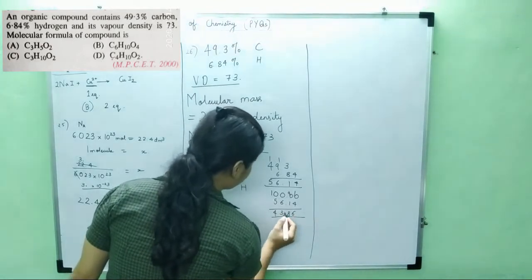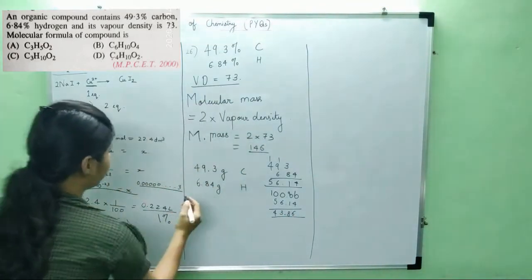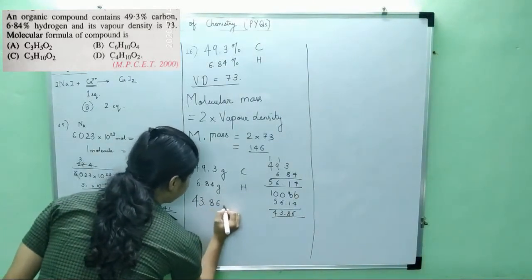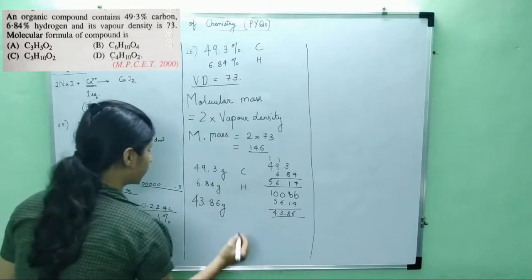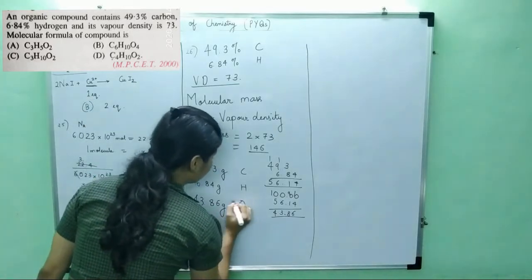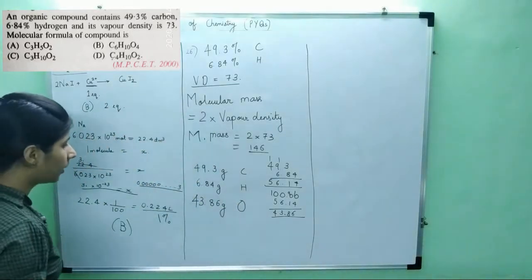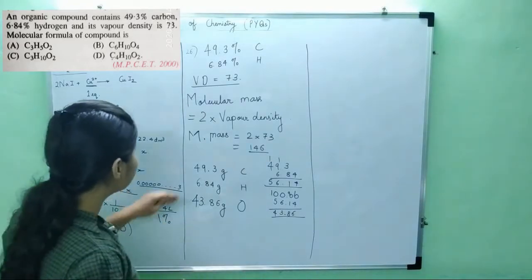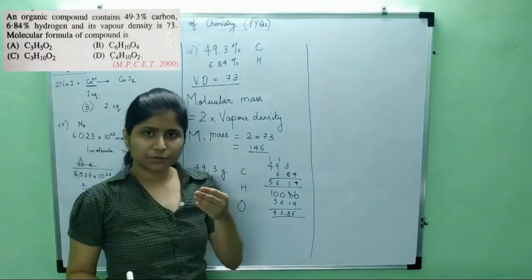This comes out to be 43.86. So 43.86 is the percentage of oxygen, or 43.86 grams out of 100 grams is oxygen.